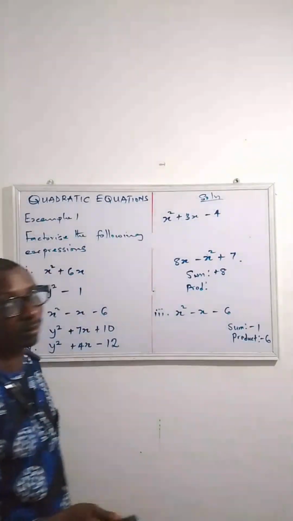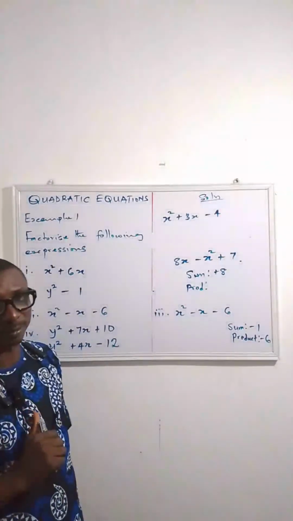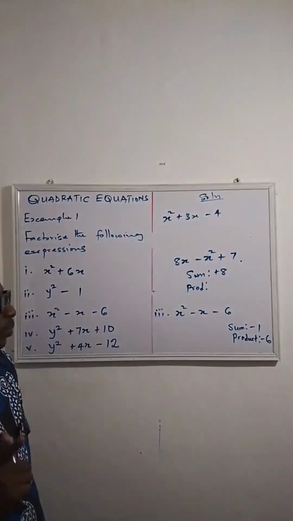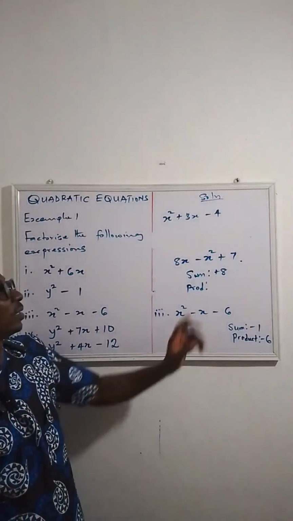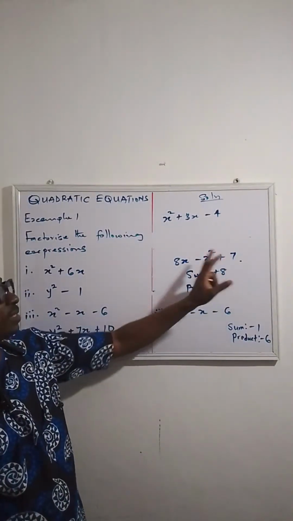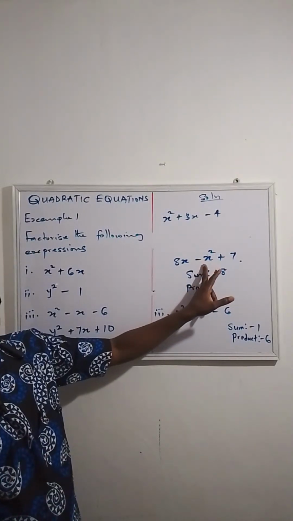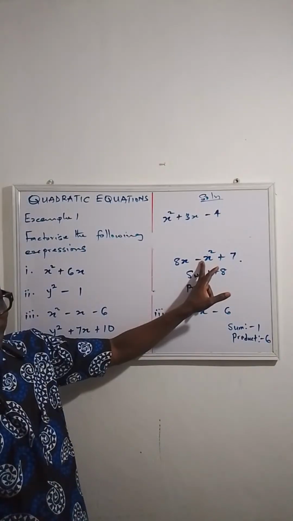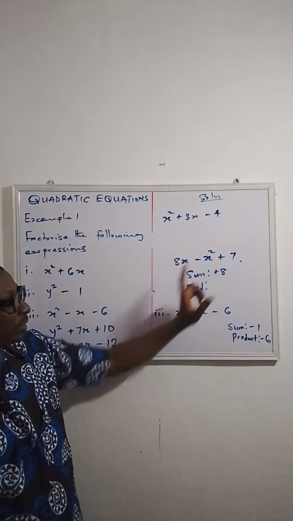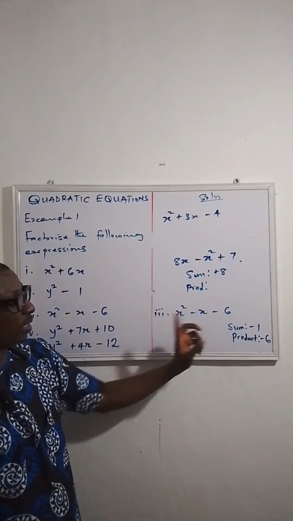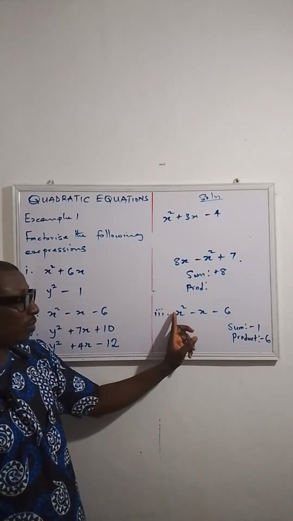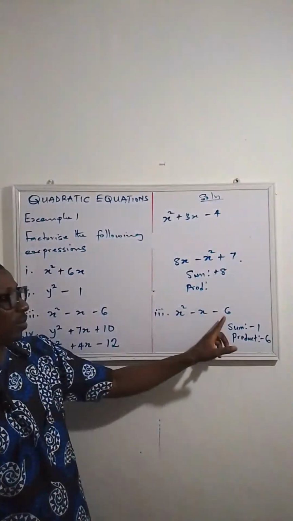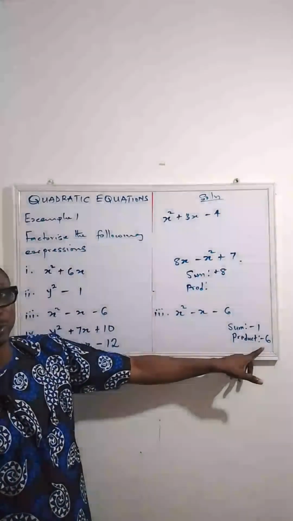So now, what is the product? I told you that the product is the number independent of x times the coefficient of x squared. Now, what is the coefficient of x squared here? That is minus 1. Many of you did not take note of that. So to get the product here, you multiply the coefficient of x squared by this, and that gives you the product.